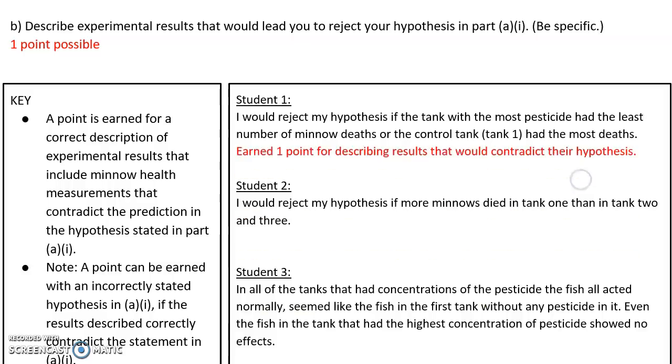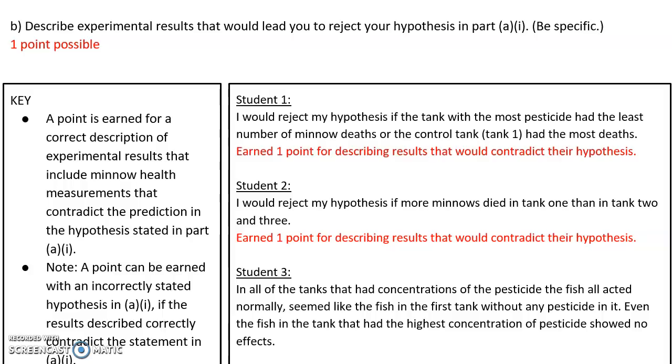Okay, let's look at student 1. Student 1 earned 1 point for describing results that would contradict their hypothesis. So absolutely, because they had said higher concentrations would be more deaths, but now they're contradicting that. So that means that, okay, if your control is actually dying more, then that would be rejecting the hypothesis. All right, student 2 earned 1 point for describing results that would contradict their hypothesis. Absolutely.